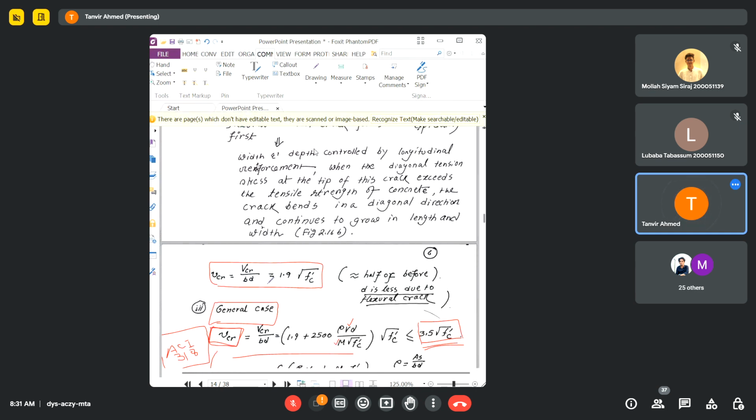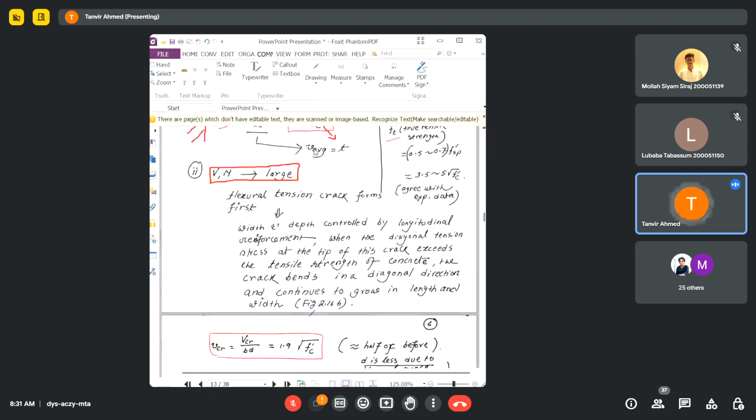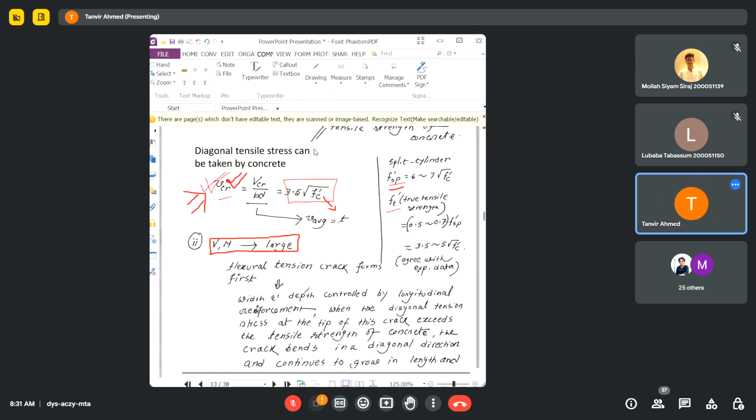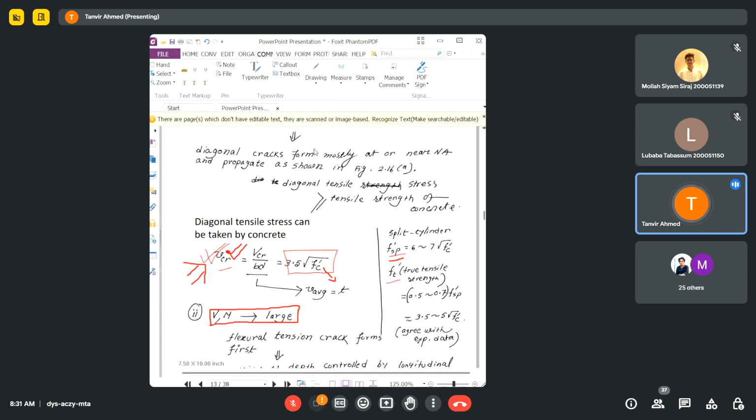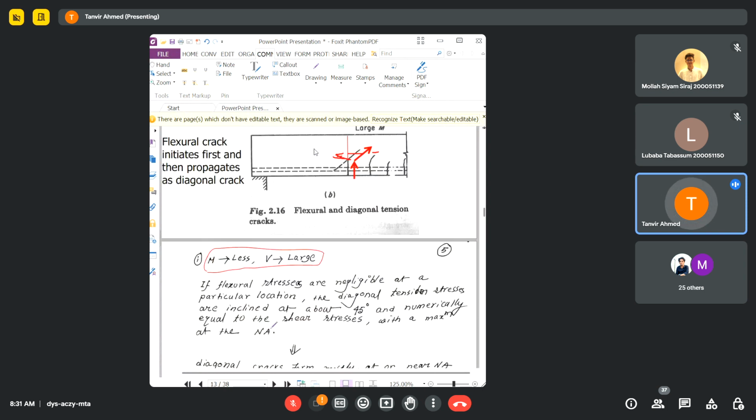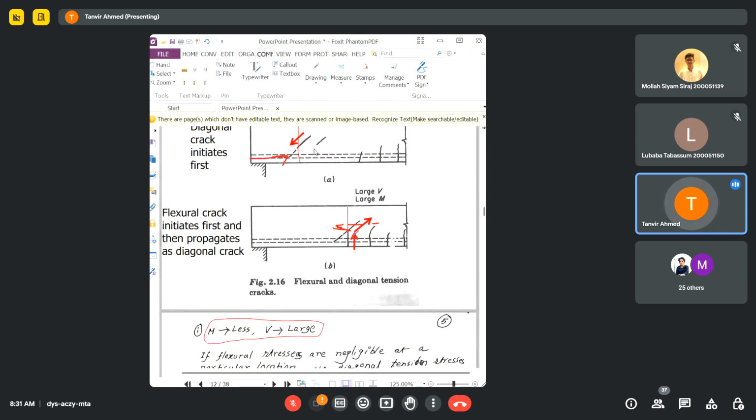Because if you think very carefully, as I said before, for V and M, when this is large, the crack initiation will be due to the moment. The initial crack will be formed due to the moment or flexure. And later on, the crack will form near the neutral axis because of the shear force.